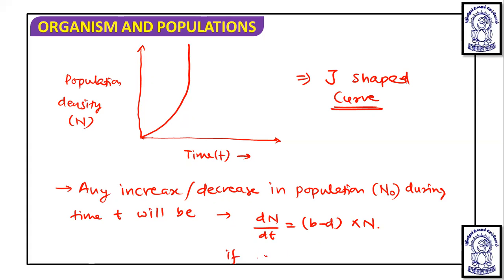If b minus d represents the growth rate r, then dN/dt is equal to rN. Okay, so this change can be expressed like this, and there is no carrying capacity in the exponential growth model.